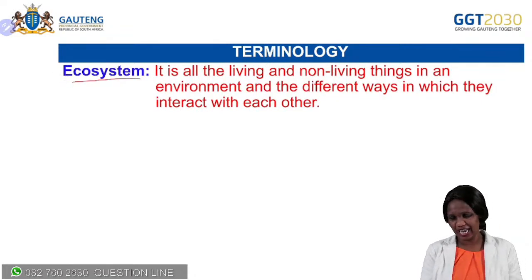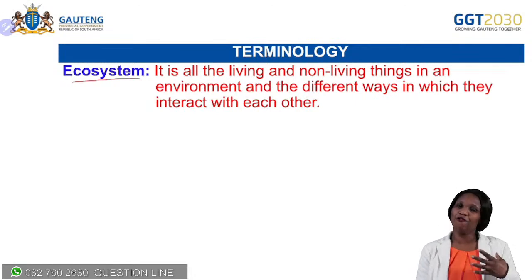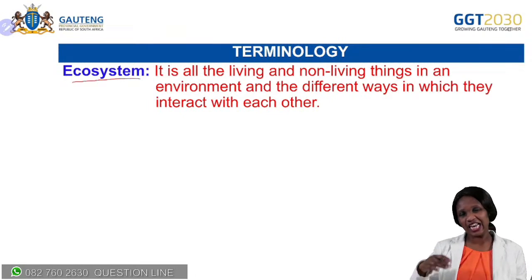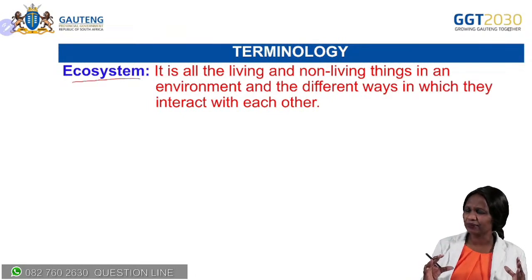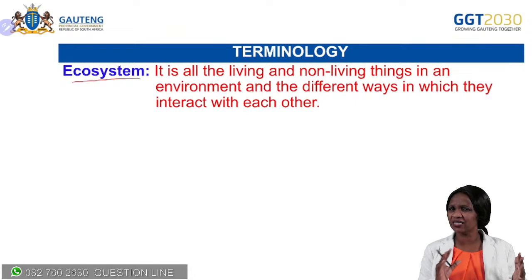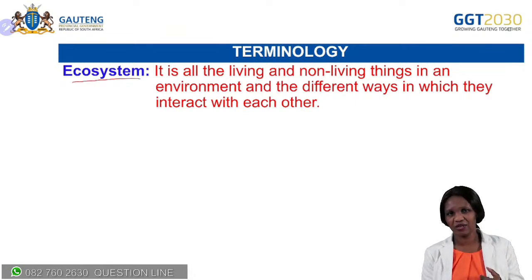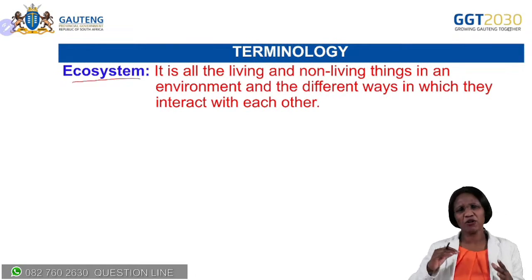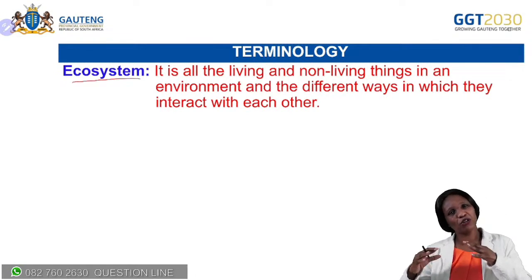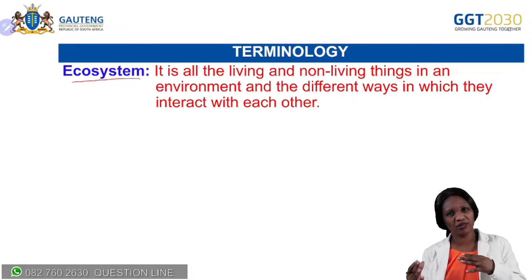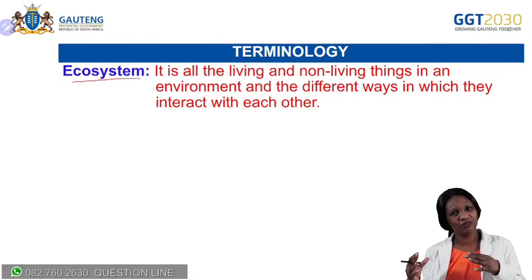What do you think an ecosystem is? If we're talking about an ecosystem, we are talking about the living and the non-living. And then, when we're talking about the living, what is it that is living? Plants and animals. They are living. And what about the non-living? When we're talking about the non-living, we're talking about soil, about water, about rocks, about the sun, right?